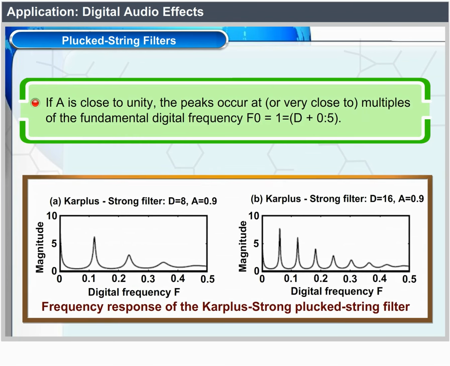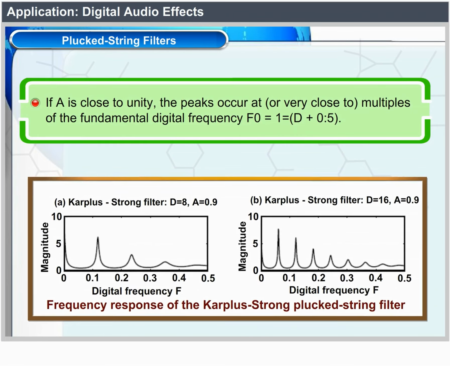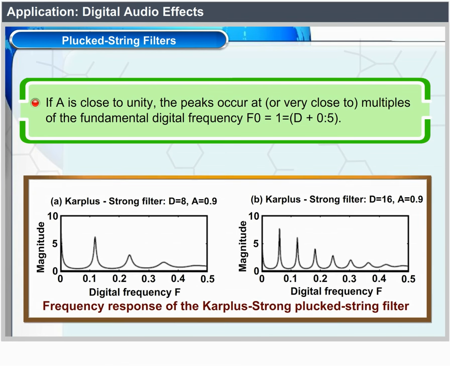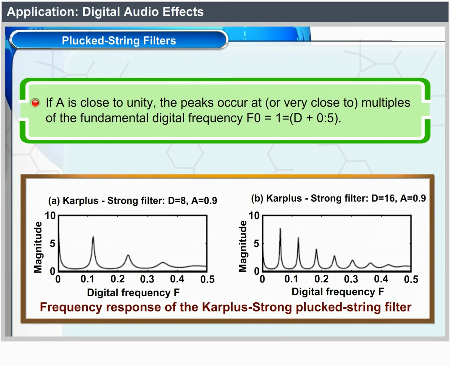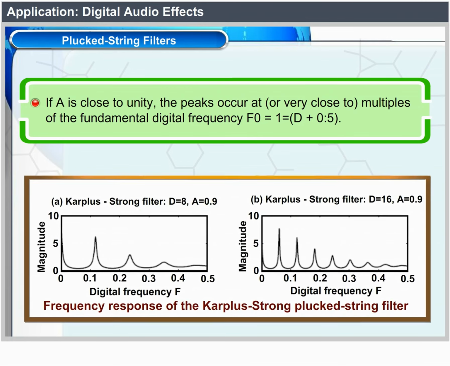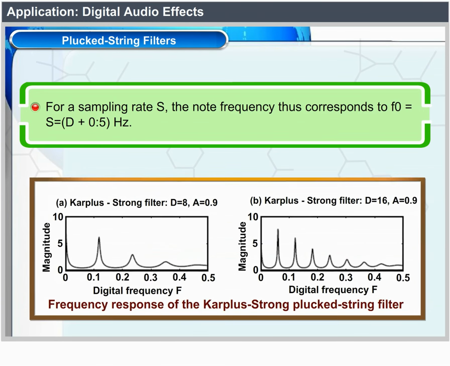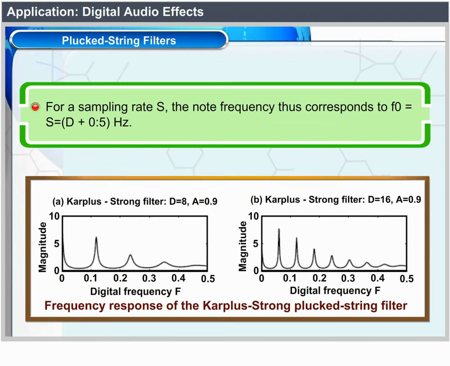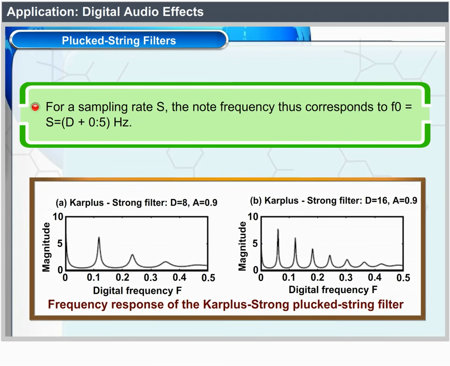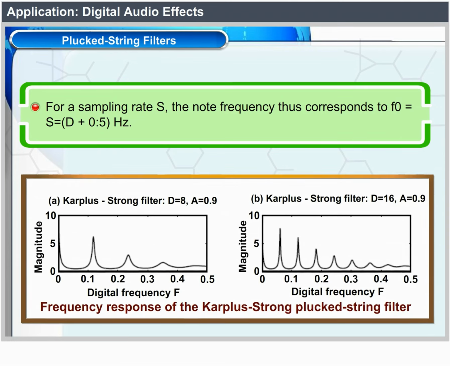If A is close to unity, the peaks occur at or very close to multiples of the fundamental digital frequency F0 = 1/(D + 0.5). For a sampling rate S, the note frequency thus corresponds to F0 = S/(D + 0.5) Hz.